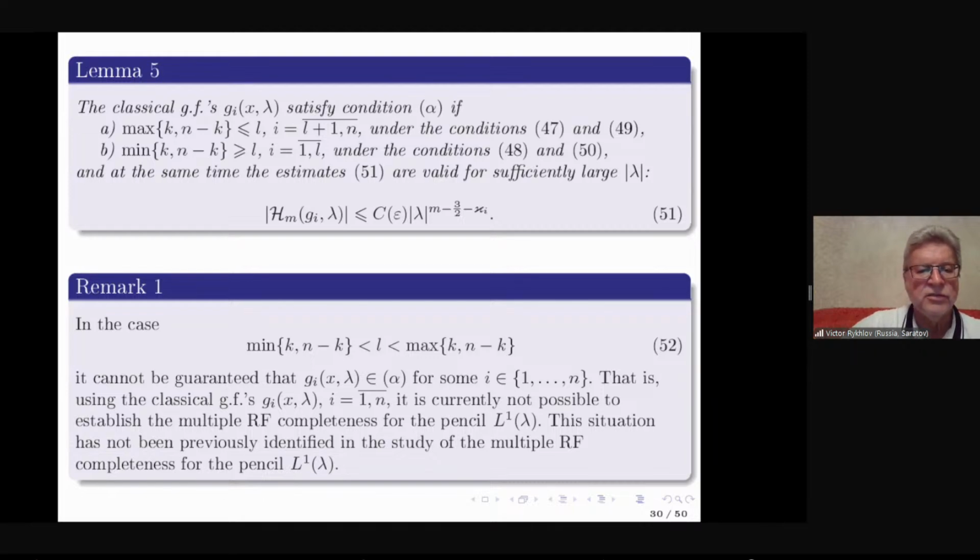That is, using the classical generating functions g_i of x, lambda, i from 1 to n, it's currently not possible to establish the multiple root function completeness for the pencil L1 of lambda. This situation has not been previously identified in the study of multiple root function completeness in the pencil L1 of lambda.